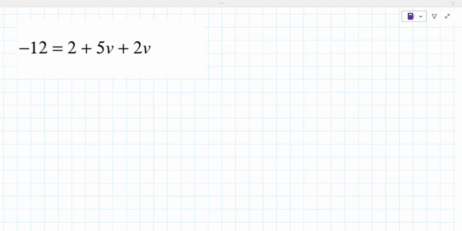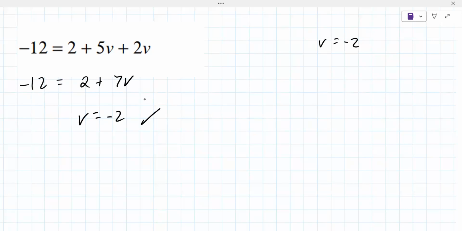V equals -2. You said V equals -2, so -12 equals 2 plus 7V, right? And then you just solve this the way you've been doing, and yes, V is -2. Very good.